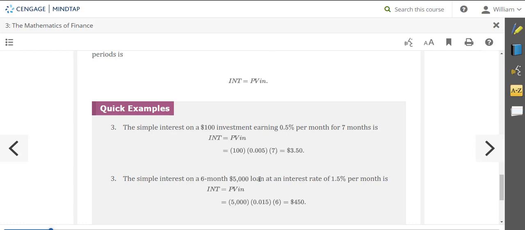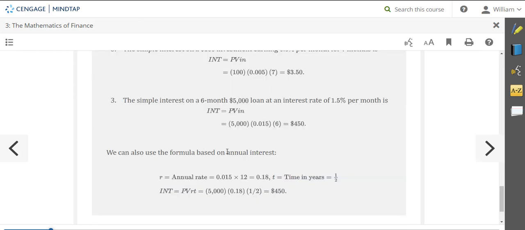And here, a 6-month loan, $5,000, interest rate at 1.5% per month, very high. So it's $5,000 times 0.015, and 6 months is 6. That's $450.